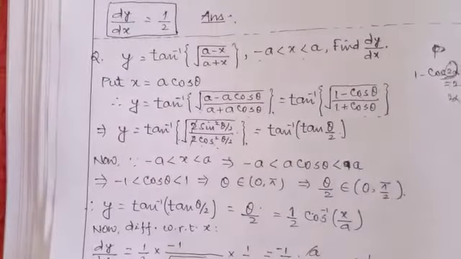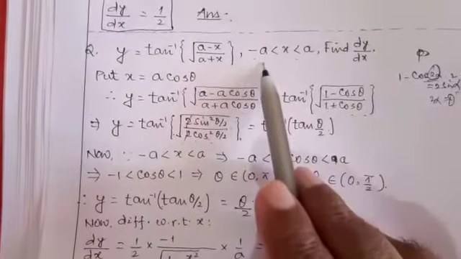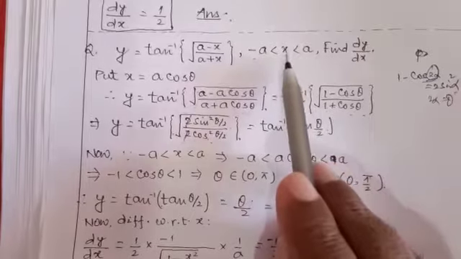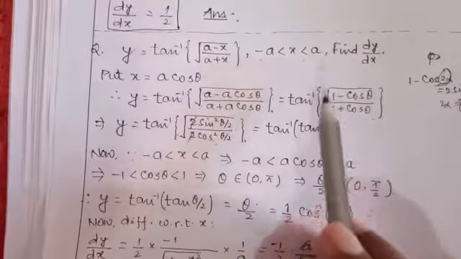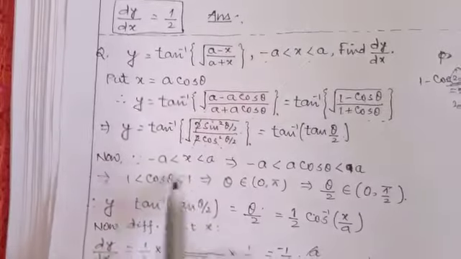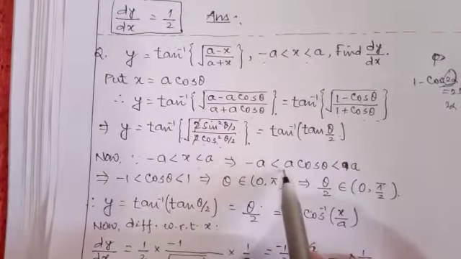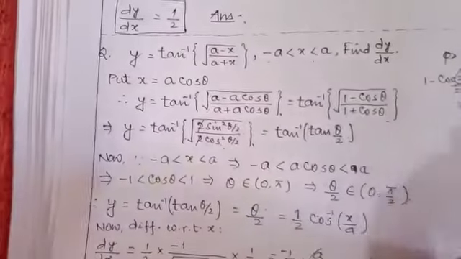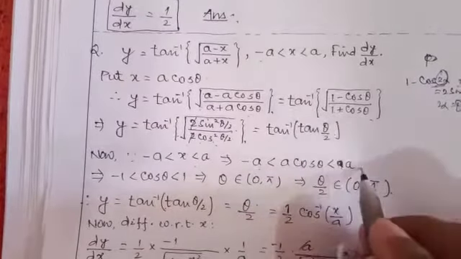Now use the condition that is given. Minus a less than x less than a means x lies between minus a and plus a. We have taken x as a cos theta, so minus a less than a cos theta less than a, divide each by a.